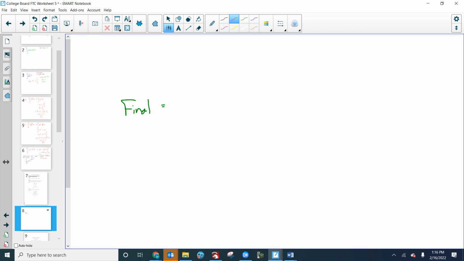How would you find out the number of liters of oil in the tank at 3? 50 liters plus the integral from 2 to 3 of whatever the rate function was called, right? L prime of t dt. Does that make any sense?